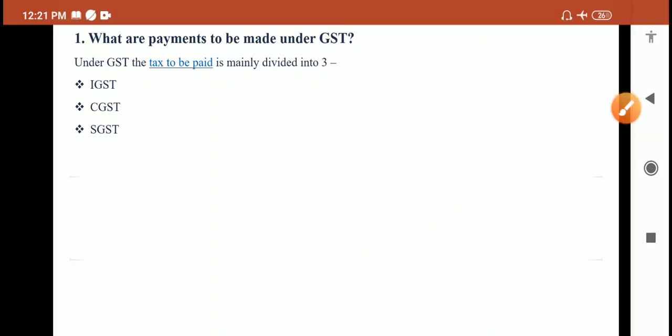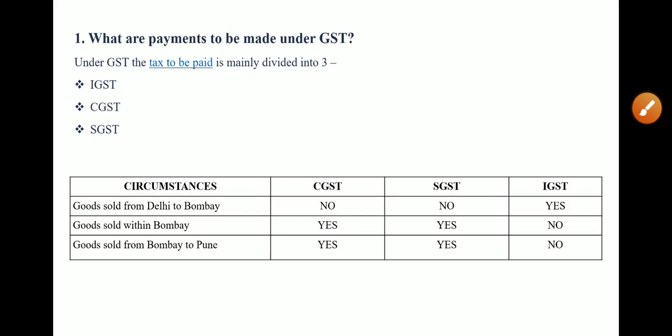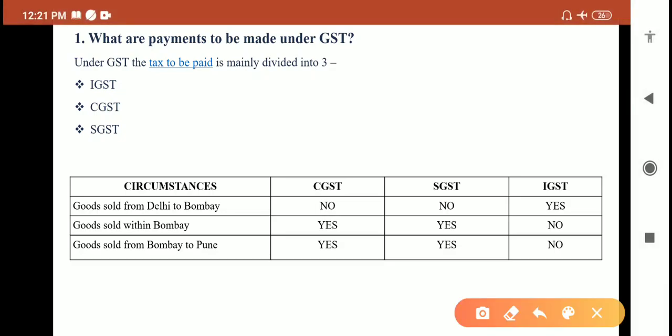And next, circumstances. Through these circumstances we can understand how the GST will be payable. See, the first circumstance is goods sold from Delhi to Bombay. Goods are being sold from Delhi to Bombay, different places.